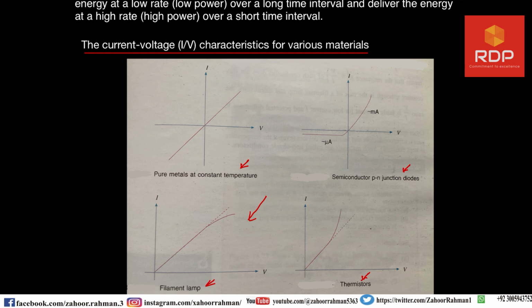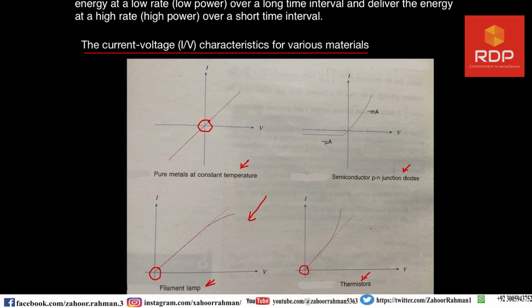One thing is common in all these graphs: a straight line passes through the origin. It is here as well, and here, and here.